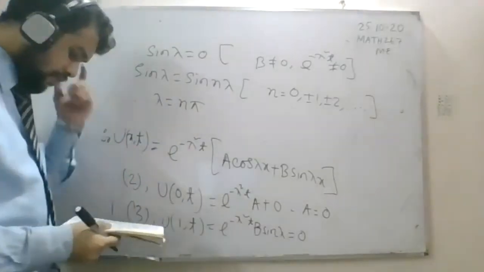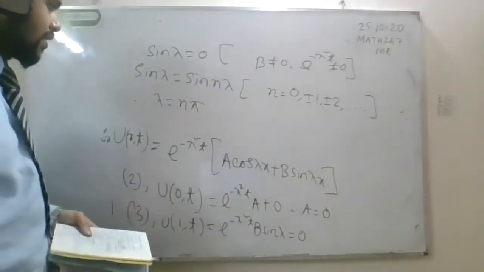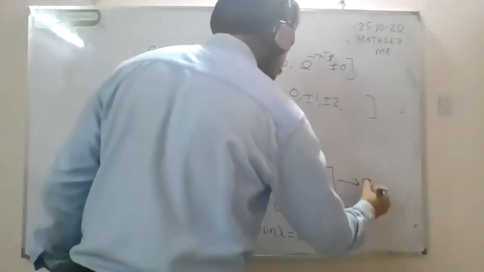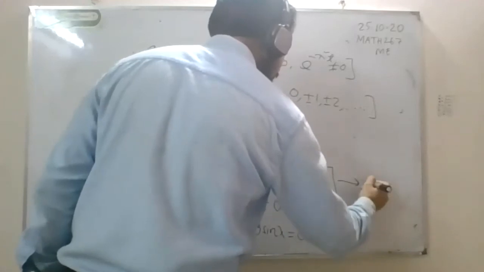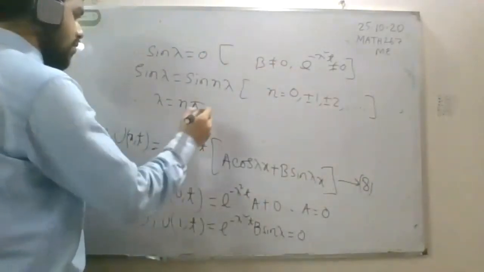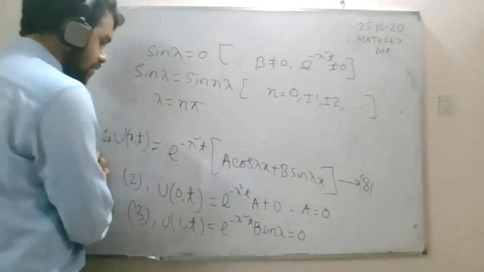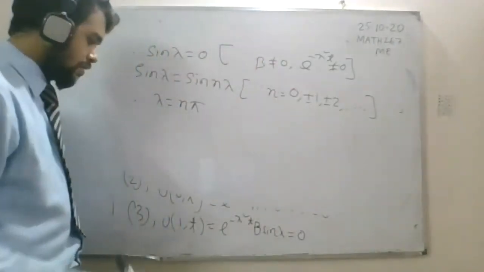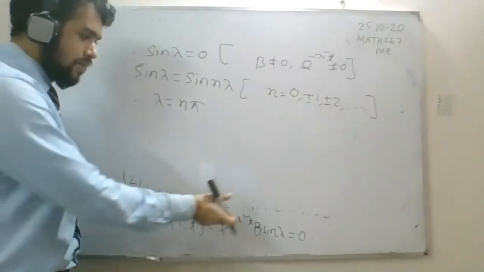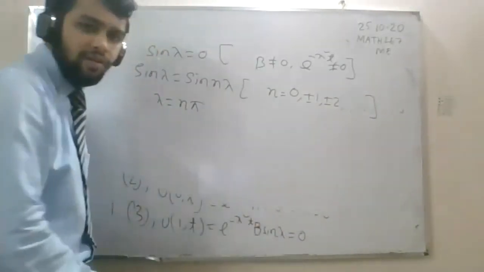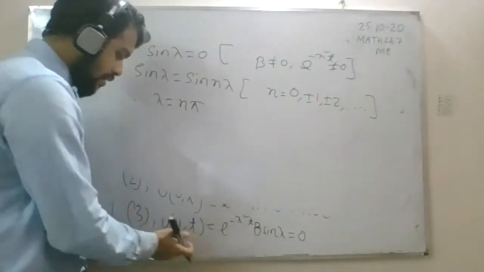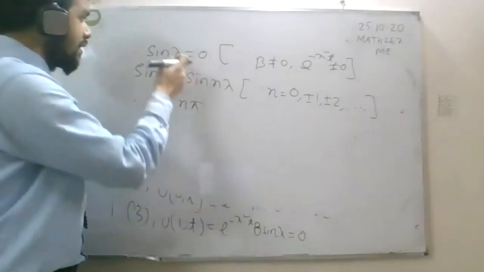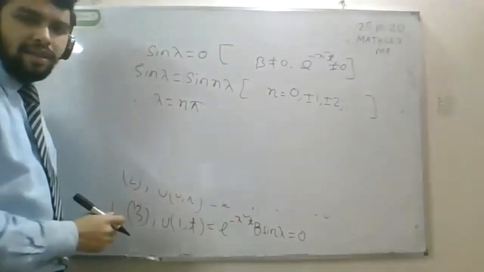So now putting these values in the equation, let us suppose this is equation 8. From 8, I just use those boundary conditions, and after that you find the value of a, and also by using equation 3 you can get this term, and from there lambda equals n pi.